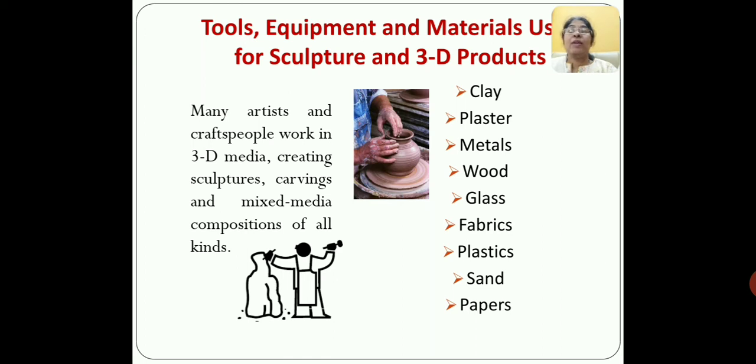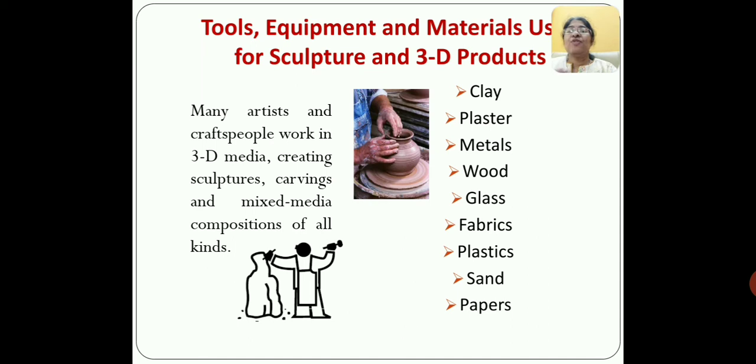Metal engraving, wood can be carved, on glass etching can be done and then glass painting can be done, even fabrics can be painted, plastics are painted, and sand can be painted and then used for texturizing.